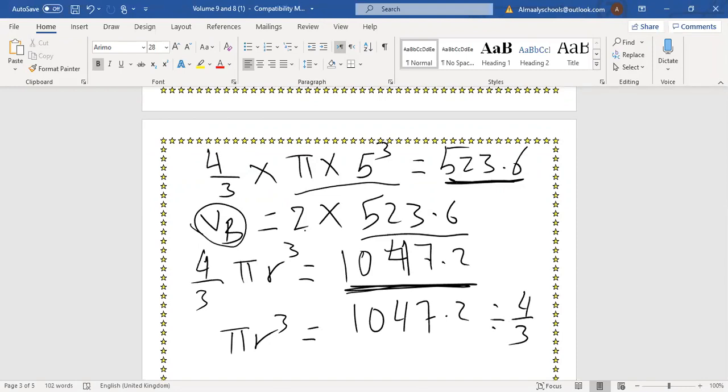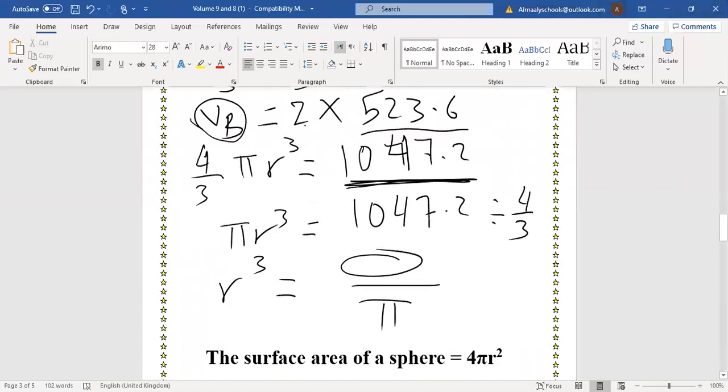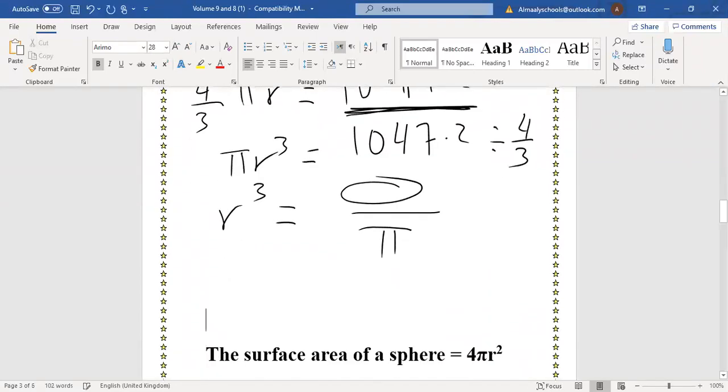This will be the first step. That's right, Omar? Then divided by pi, and we get R cube. Now the radius will be the cubic root of the result. We make root power 3. Very good. It's hard?